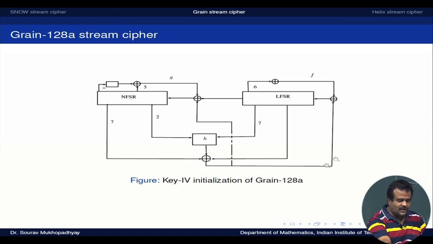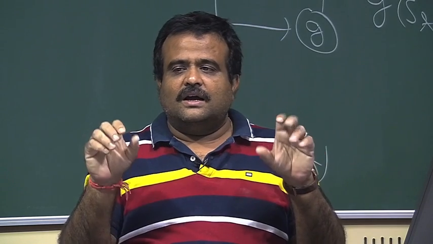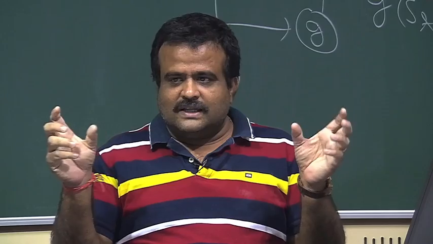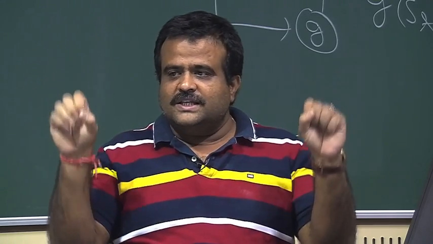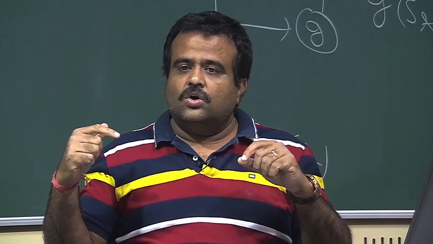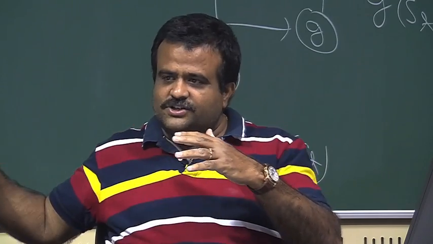Then we start generating the key stream bits, but the first 64 bits of the key stream we use for authentication purposes. After these 256 clockings, we reach the initial state; the values of the LFSR and NLFSR are called the initial state. Then we can start generating the key stream.